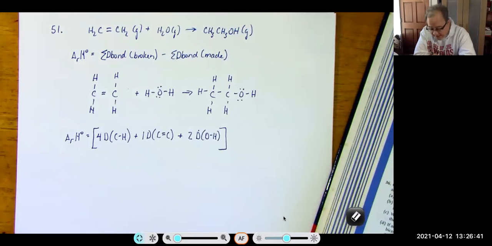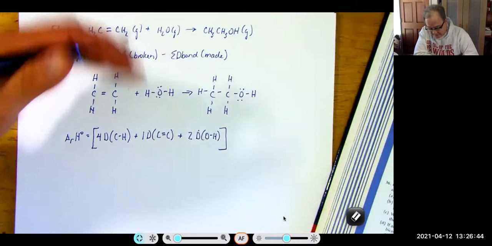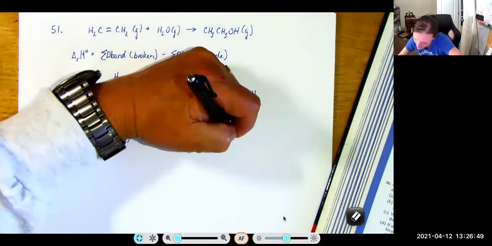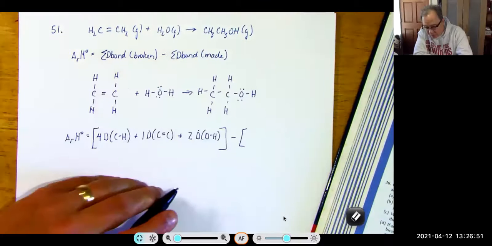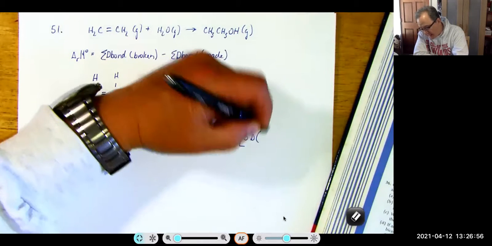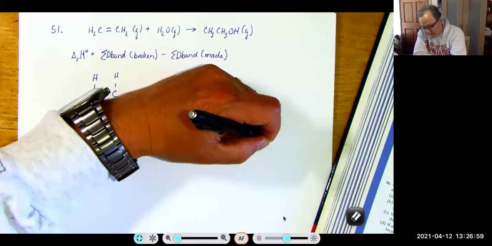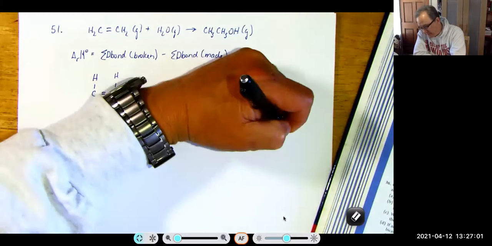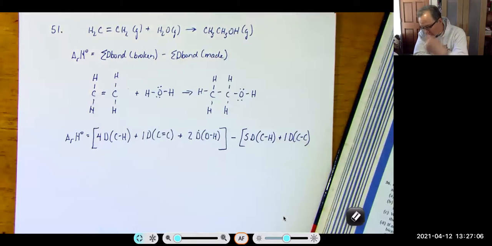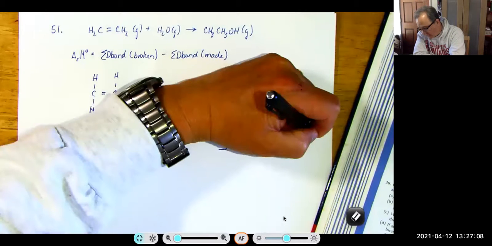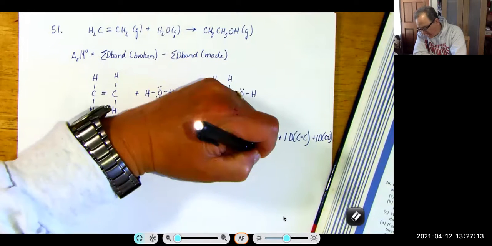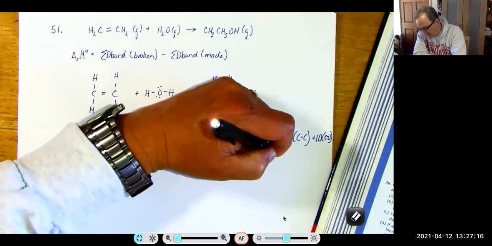Well, let me go ahead and finish writing out the rest of this just so that people can see that. Okay. So minus, we have 1, 2, 3, 4, 5 bond dissociation energies of carbon, hydrogen, plus 1 bond dissociation energy for carbon, carbon, I've run out of room, plus 1 bond dissociation energy carbon, oxygen, plus 1 bond dissociation energy of oxygen, hydrogen.